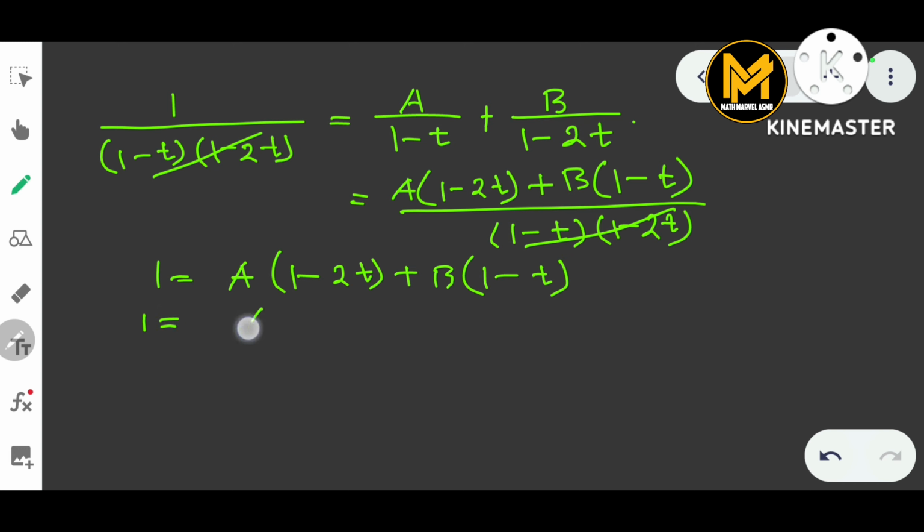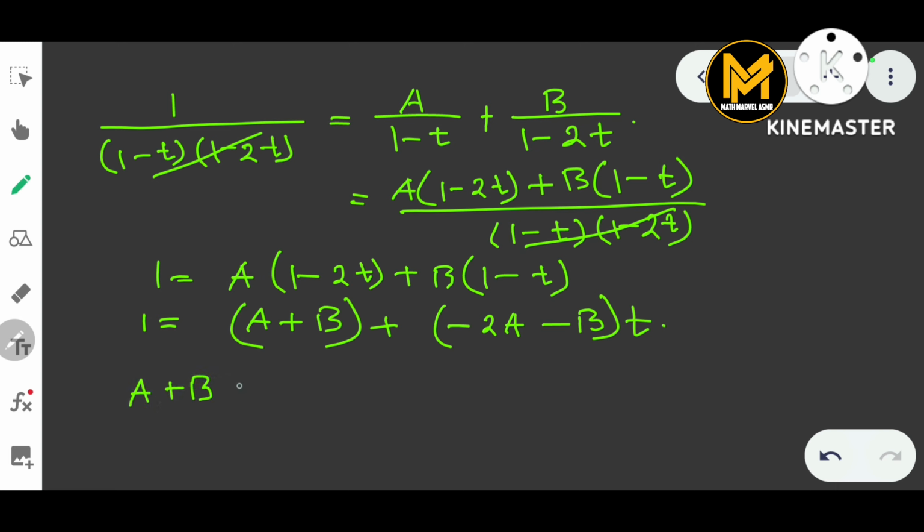1 is equal to, now merge the constant parts and the coefficient of t. So comparing both sides, the constant parts will be equal, that is 1 equals a plus b, and the coefficient of t will be equal to 0, because on the left side there is no t. So we can write it as 0 into t plus 1.